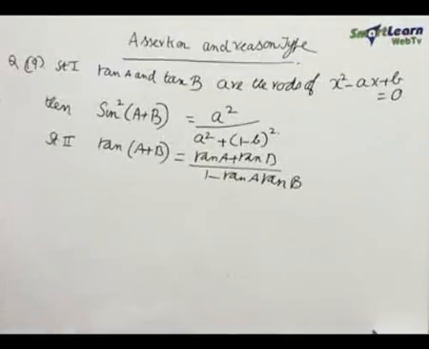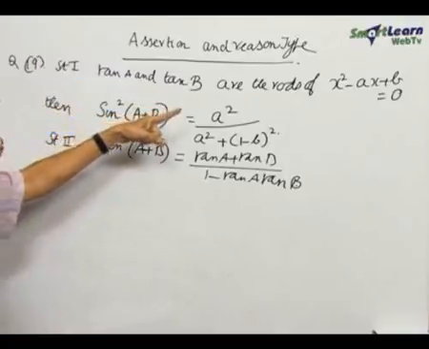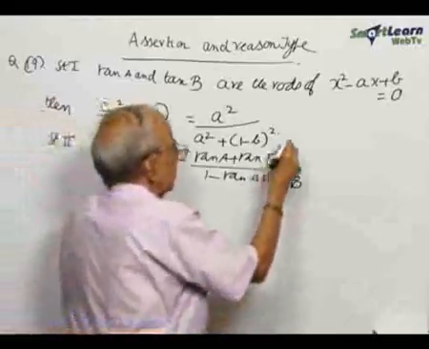Question 19, two statements are given. We have to verify which one of them is true. Statement 2 is obvious. Tan (A plus B) is tan A plus tan B by 1 minus tan A tan B. Tan A and tan B are the roots of this equation.